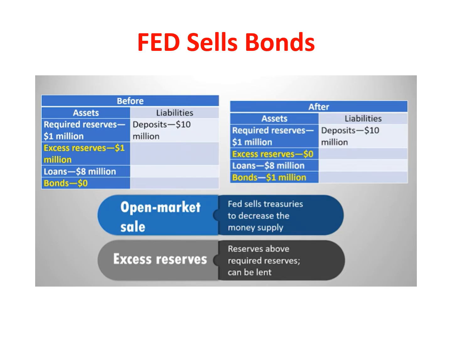Again, observe the before and after balance sheet of the typical bank. Before the open market operations, this bank was holding $1 million in excess reserves and owned zero bonds. Along comes the Fed and sells bonds to the bank. The bank takes the $1 million in excess reserves, hands it over to the Central Bank of the United States, the Federal Reserve. Now the bank has no excess reserves but owns $1 million in bonds.